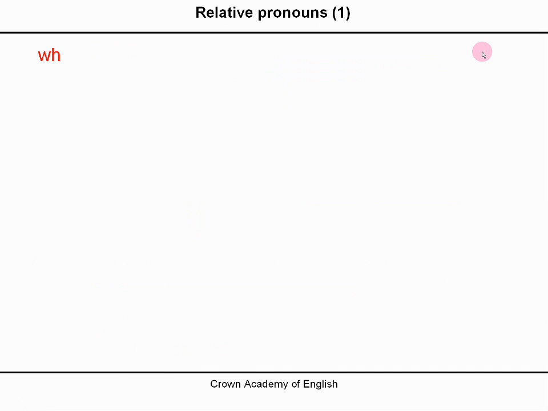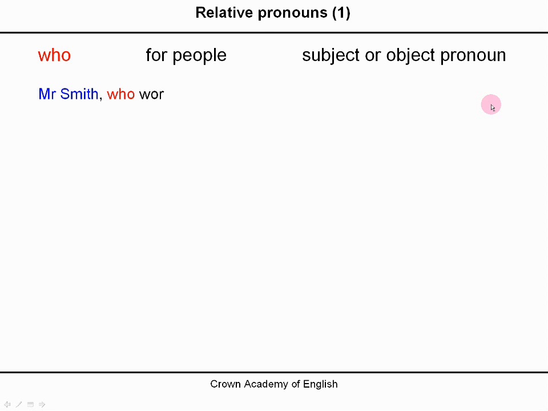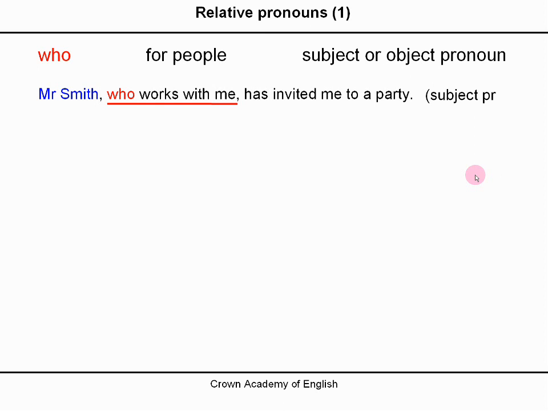Relative pronouns. Let's look at some examples. Who. We use it for people, and it can be a subject or an object pronoun. Example: Mr. Smith, who works with me, has invited me to a party. And here, the word who is the relative pronoun, and it is acting as a subject pronoun.